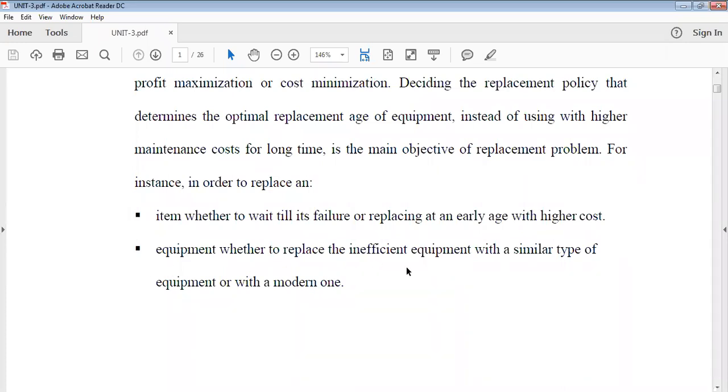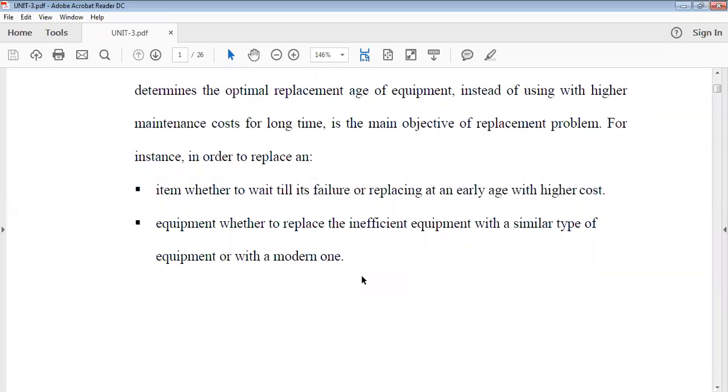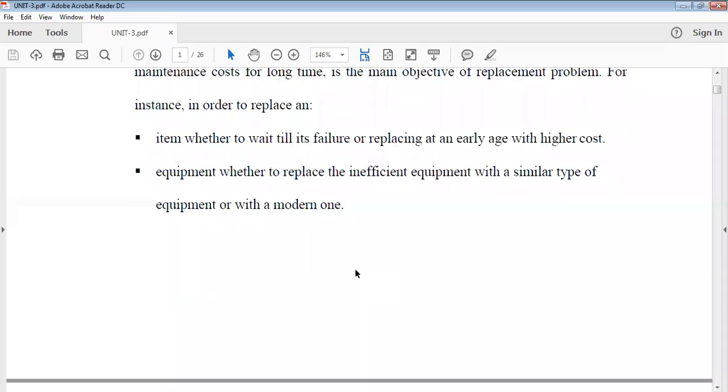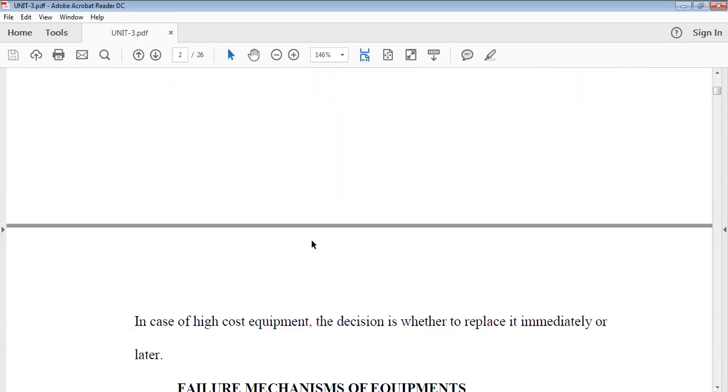Equipment: whether to replace the inefficient equipment with similar types of equipment or with a modern one. These are the various factors to be considered while taking up the replacement policy. Replace with a similar type of equipment or a much modern one to increase the production.